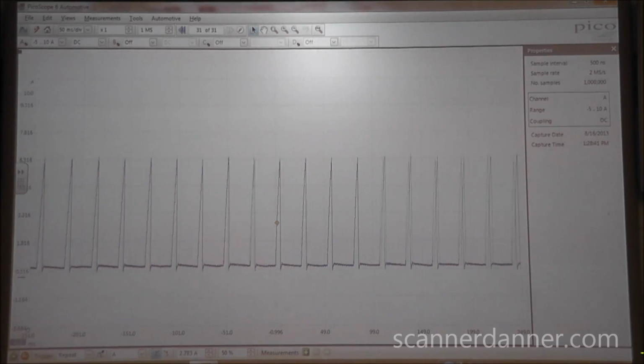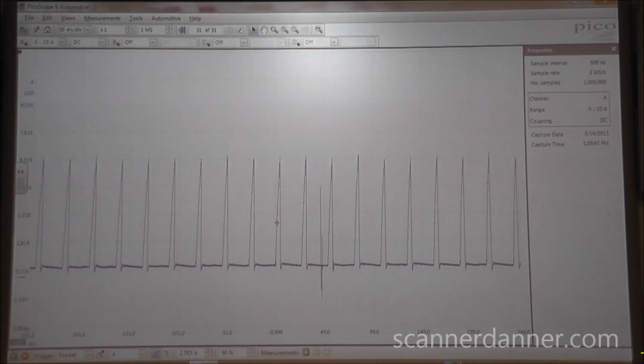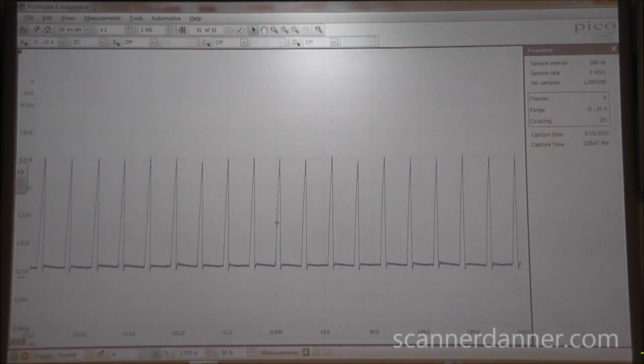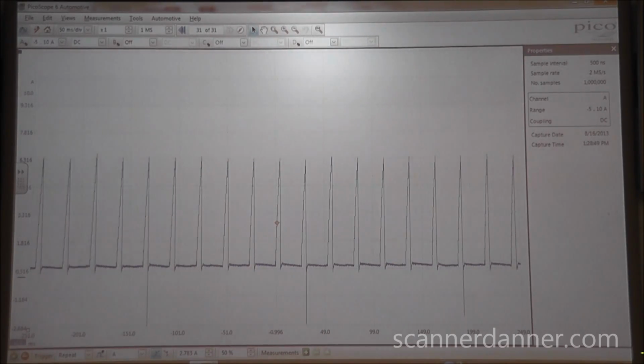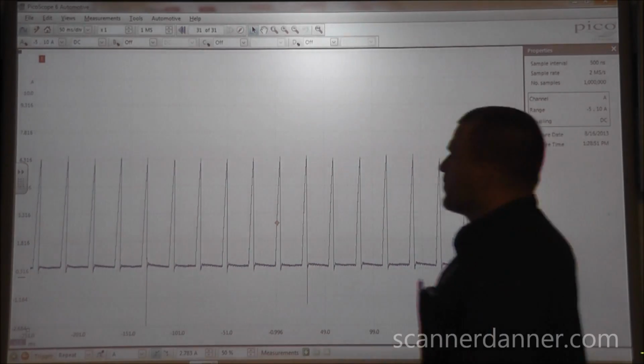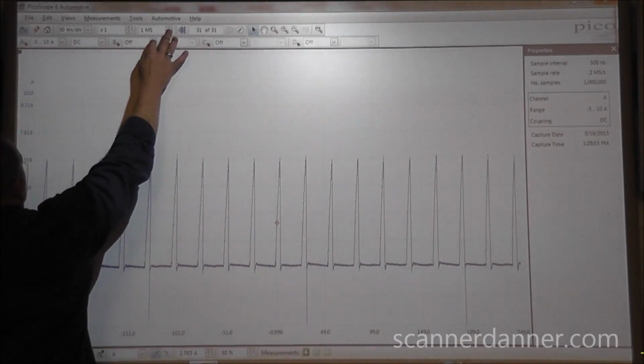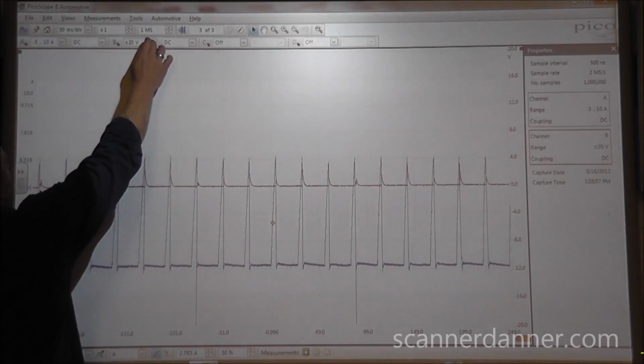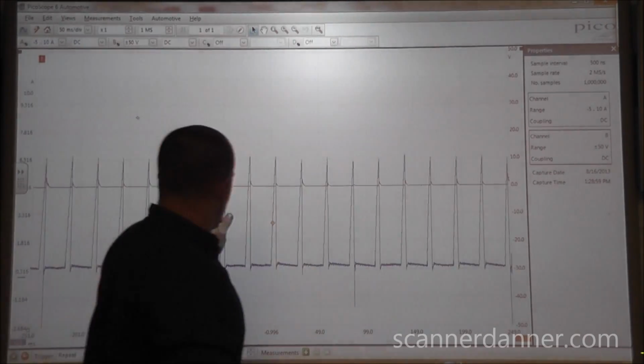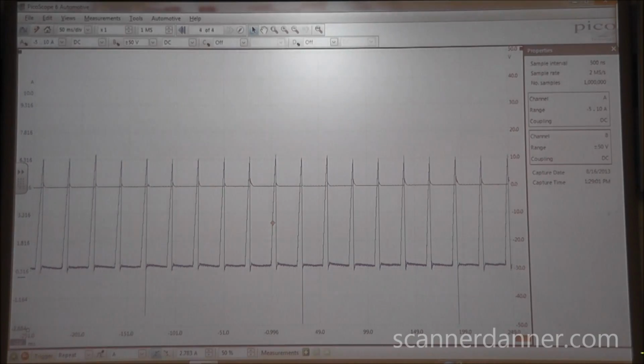So channel 2 is going to be a sync probe connected to the number 1 plug wire. Set this to, I don't know, start with a 50 volt. There's 20, there's 50, and I need to turn that around.